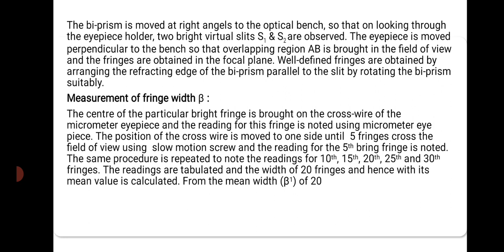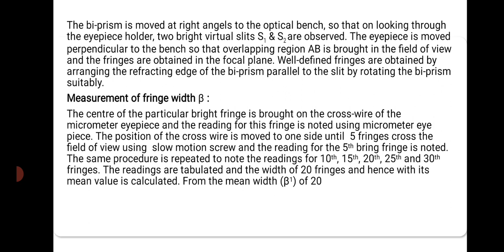The biprism is moved at right angles to the optical bench so that on looking through the eyepiece holder, two bright virtual slits S1 and S2 are observed. The eyepiece is moved perpendicular to the bench so that the overlapping region AB is brought into the field of view and the fringes are obtained in the focal plane.